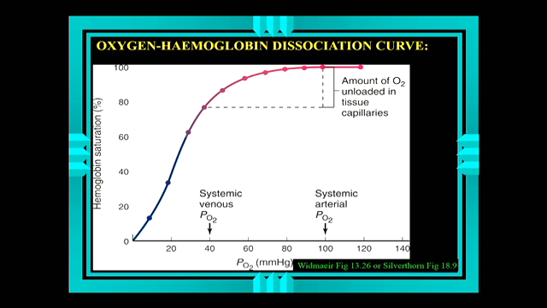So that explains the physiological relevance of the sigmoidal relationship in oxygen-haemoglobin dissociation. Is everyone happy enough with that?